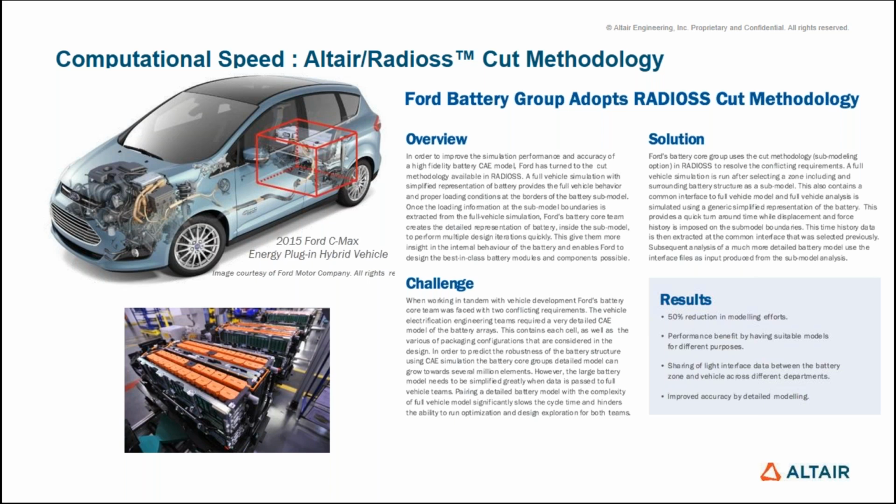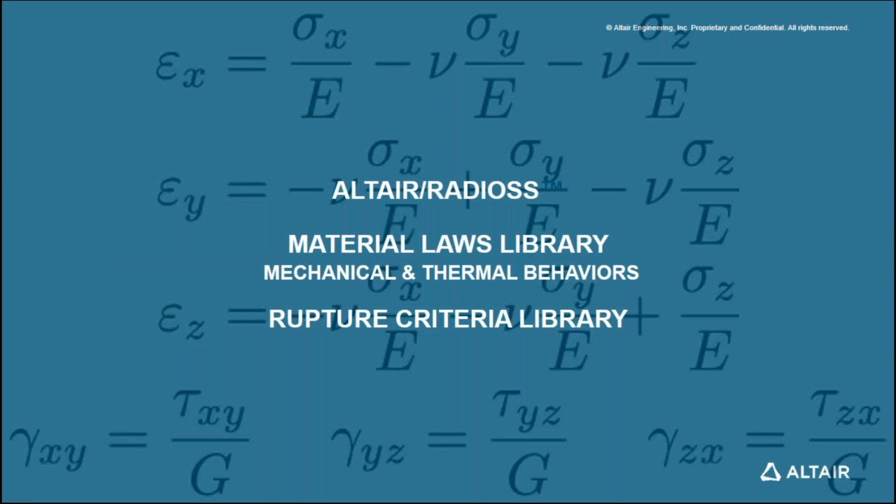So that's why they have used this multi-domain approach, where they created a box-like section while running the full vehicle simulation and captured the crash simulation data on the boundaries of this box, and then the battery core team used this data for the detail level analysis. In that process they ultimately achieved a 50% reduction in modeling effort, as well as a lot of time saved. So these are the approaches we have to reduce the time to run the simulation.